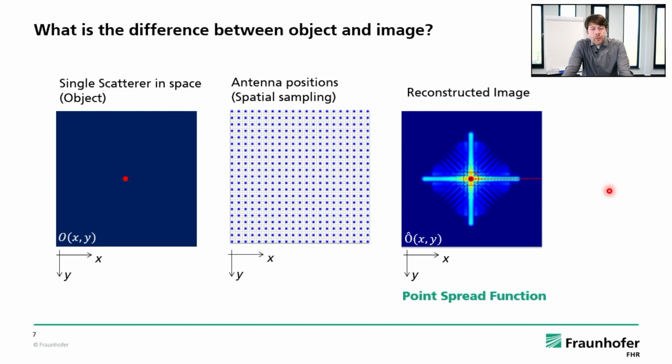As I mentioned, of course, you don't reconstruct the object. The object is just there in front of the radar. What we reconstruct is actually the image. So we get the signal reflected from the object, here for example a single scatterer in space. And this ideal scatterer is scattering to our antennas.